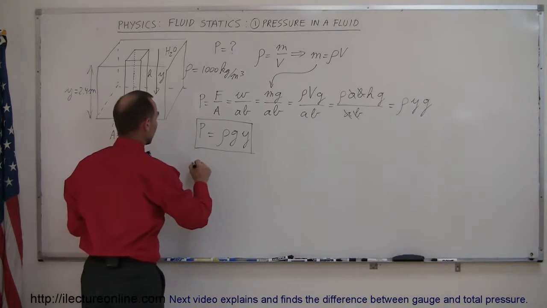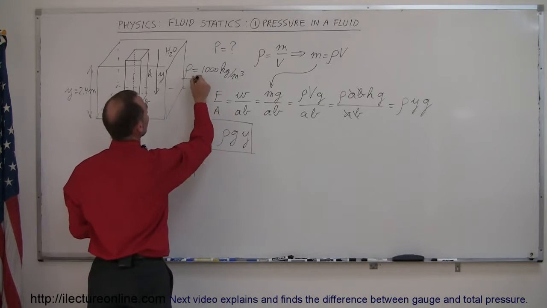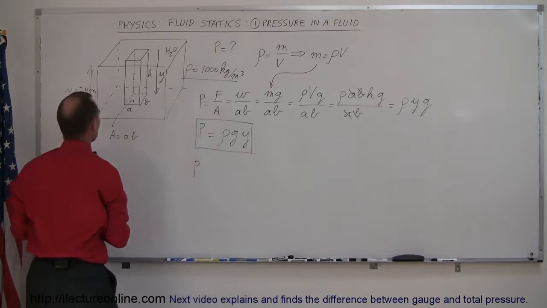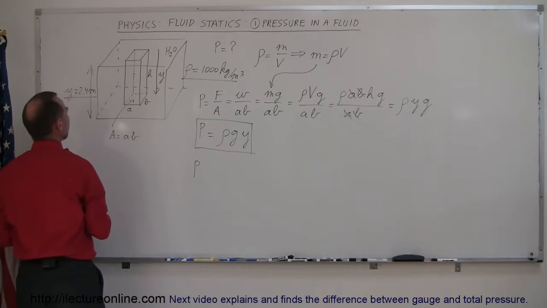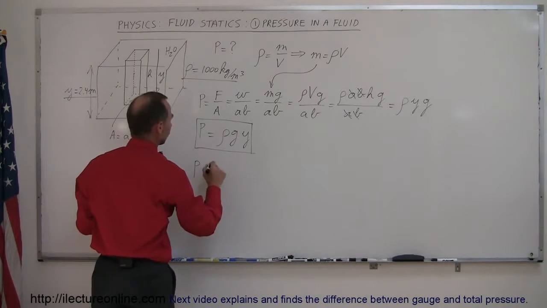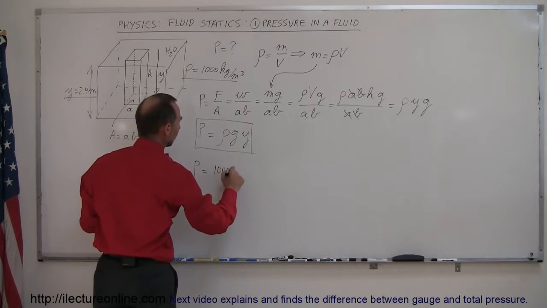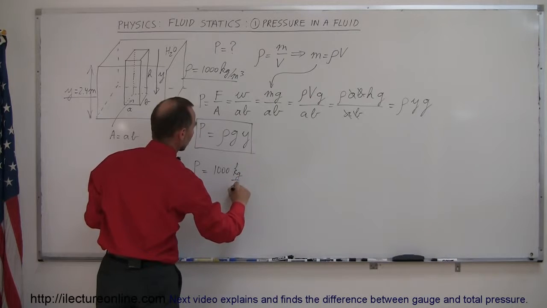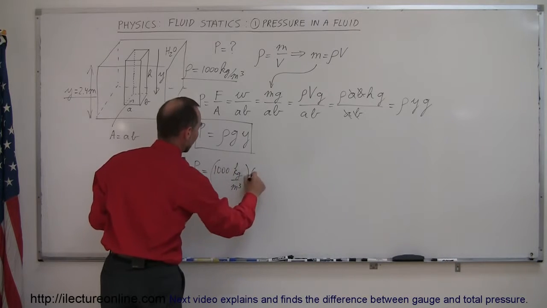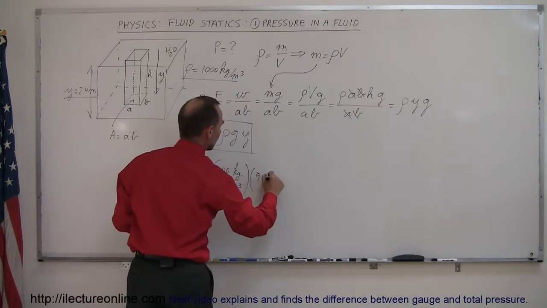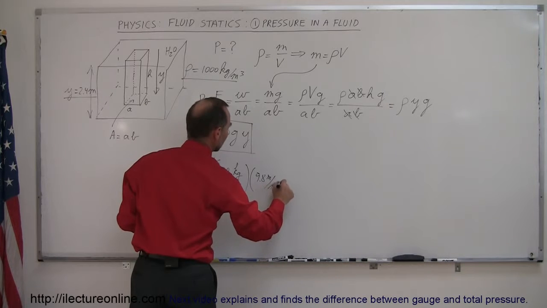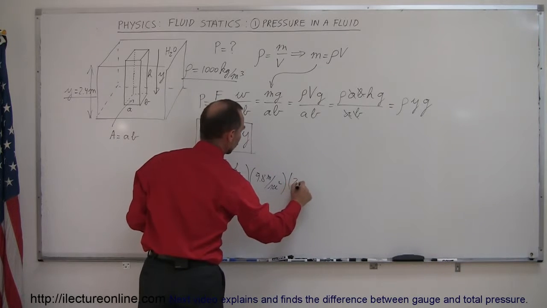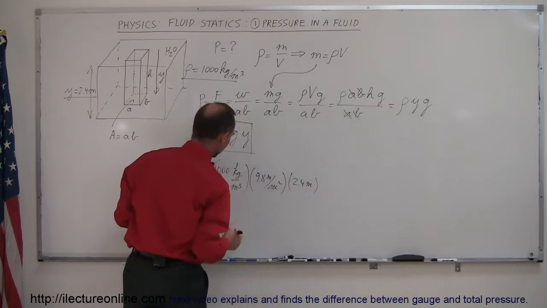So in this case, the pressure is equal to the density, 1,000 kilograms per cubic meter, multiplied times G, which is 9.8 meters per second squared, multiplied times Y, which is 2.4 meters.